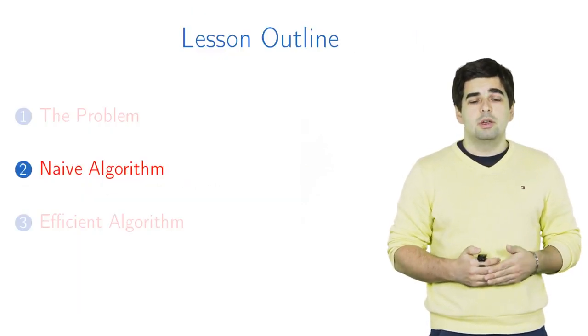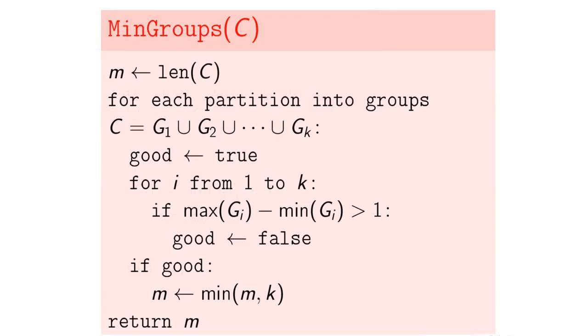Now let's look at the pseudocode for the naive algorithm that solves this problem. Basically, this algorithm will consider every possible partition of the children into groups and find the partition which both satisfies the property that the ages of the children in any group should differ by at most 1 and contains the minimum number of groups.